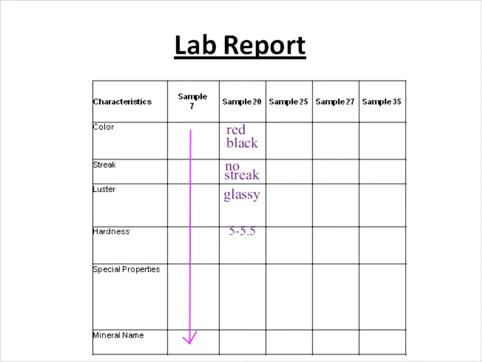And actually, let's do 4.5 to 5.5. Because our nail didn't scratch it even a little bit, but our glass slide did, so we know that it's greater than 4.5, but less than 5.5. Okay, we give a range or less than and greater than. Any questions on hardness?